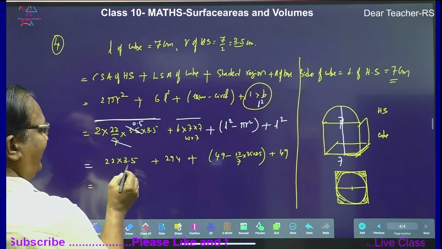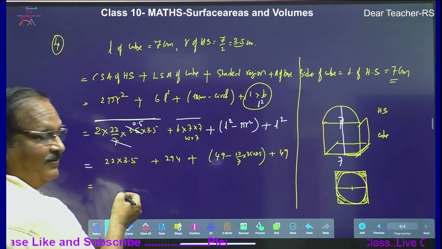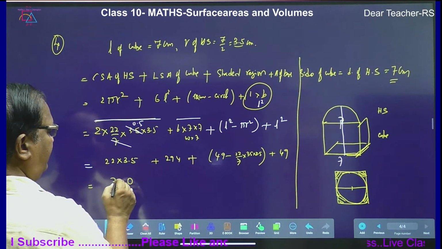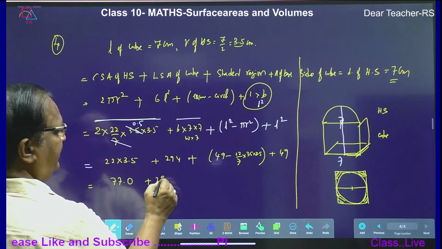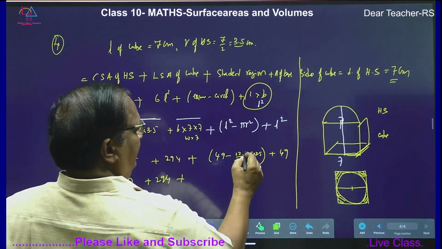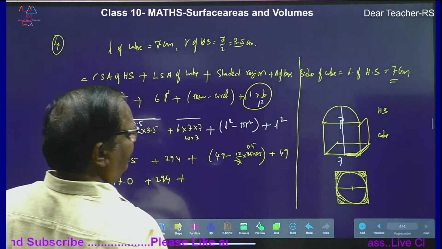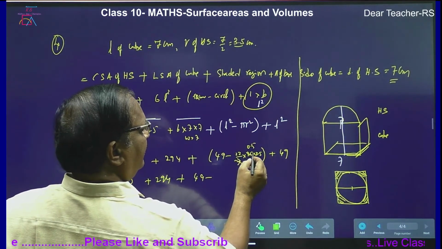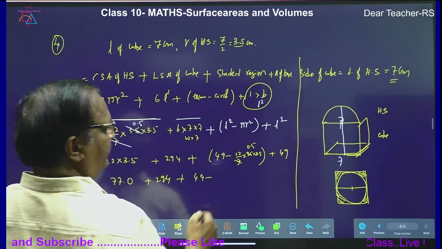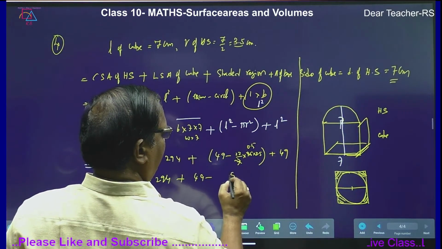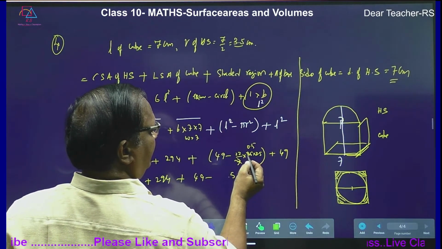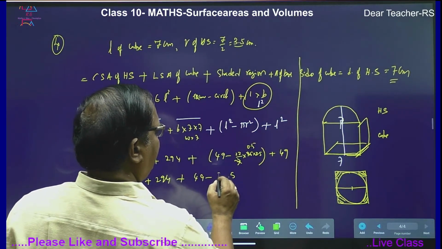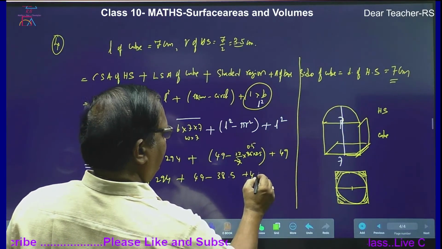So how much? 22 into 3.5 is 77, 294, then 49 minus 11 into 3.5, which is 38.5, plus 49.